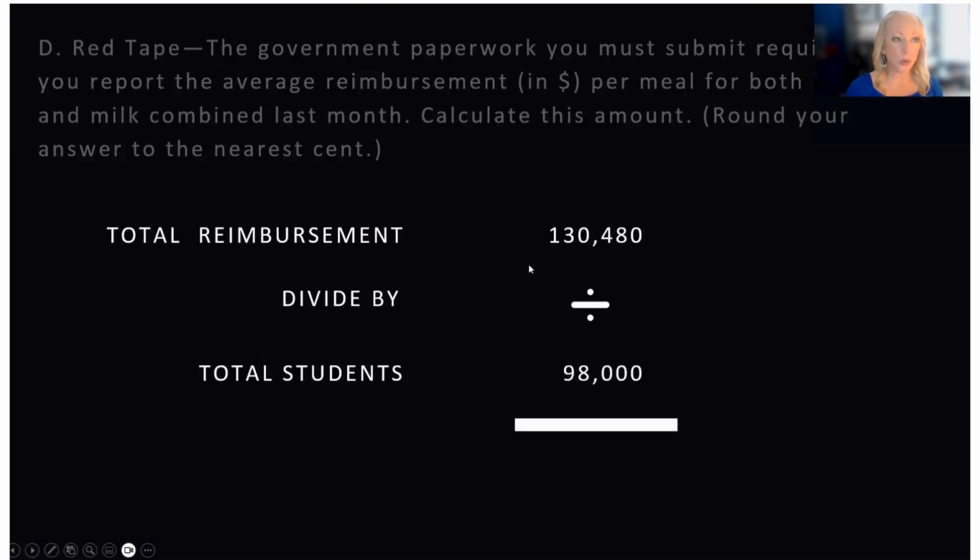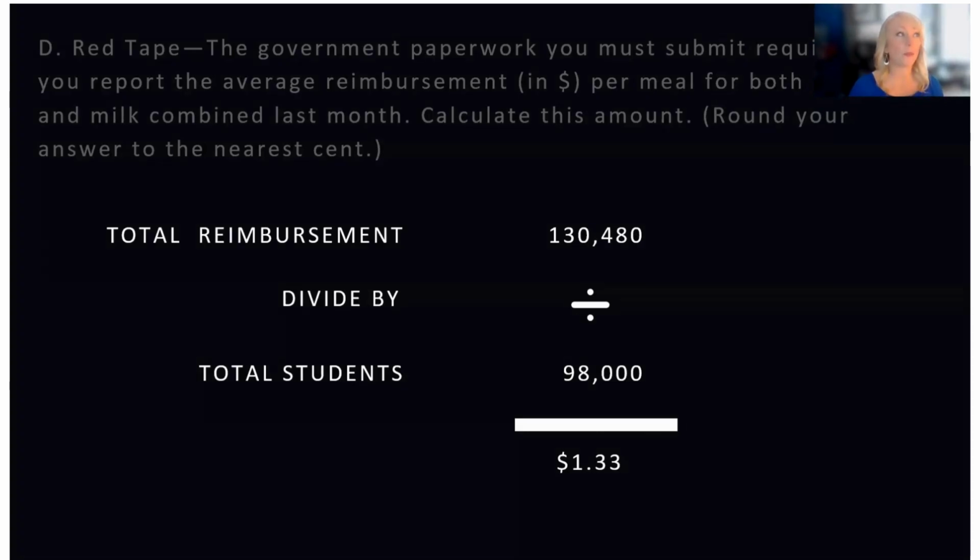So here was our total reimbursement. Here's our total students. We take this number, divide by this number, and that will give us $1.33. So this amount is the average reimbursement per meal for both lunch and milk combined last month. That's the answer to our final question.